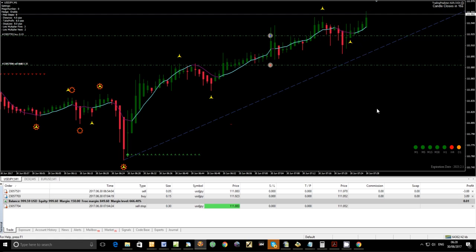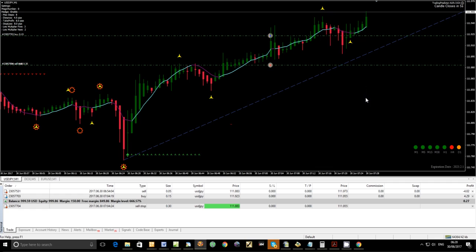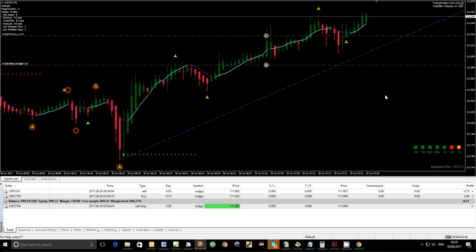I would have given up my spread. I would have taken a bit of a hit on the retrace there and not made much profit at all, and then I'd have to start my trade all over again. But not anymore, not with the ALR. You don't have to worry about that, because we're still in the game and it's continuing up, and it's going to reach our profit at some point hopefully.